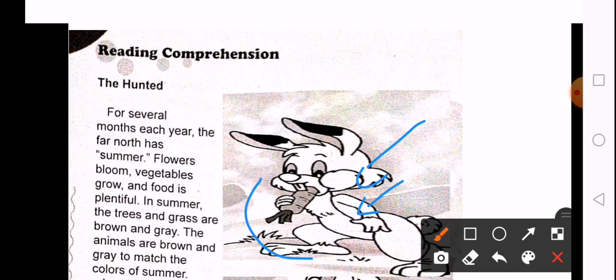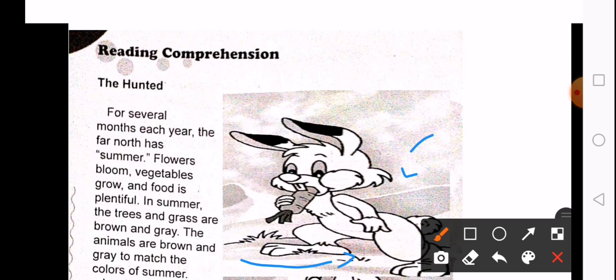Of course not. It's hard to be seen by others. Why? Because it has the same color of what? Of the surrounding. This is the surrounding, okay? The meadow. Not green, it's white, okay?